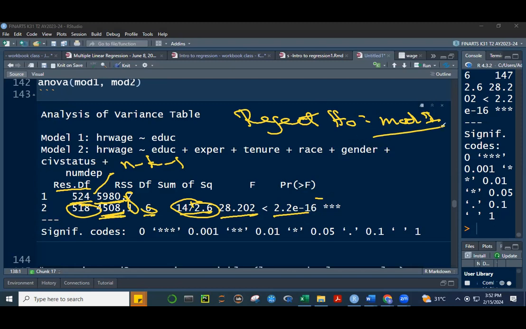We have strong statistical reason to believe that model number 2, the unrestricted model, is better than model 1. Alright? Is that clear, class? This is the acid test, the statistical test, our analysis of variance, to test which of any two models is better.